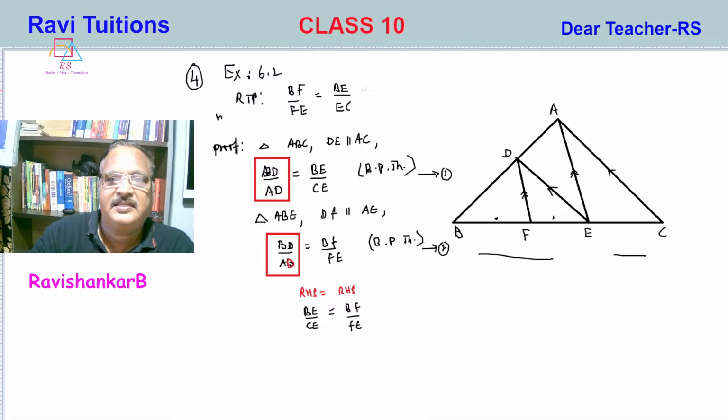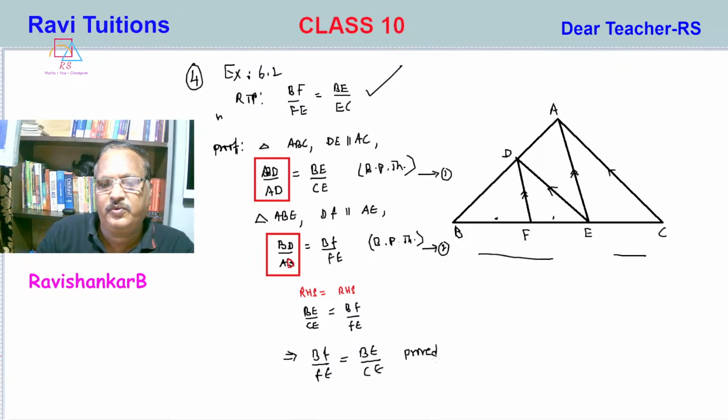That implies I'll exchange the sides: BF by FE is equal to BE by CE. This is what is to be proved. Very simple. I did not do anything, I just applied the basic proportionality theorem.